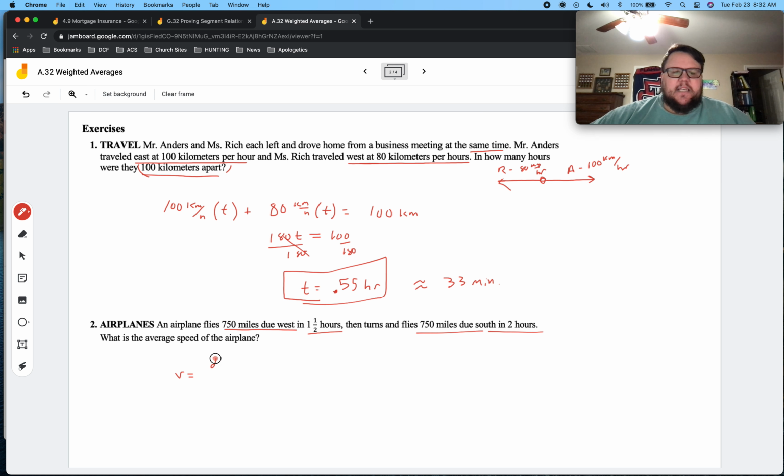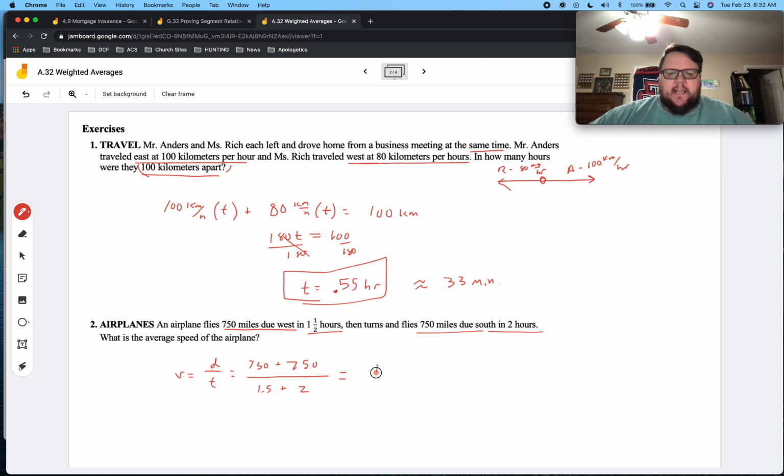So what we have is 750 miles west plus 750 miles south, divided by 1.5 plus 2 hours.